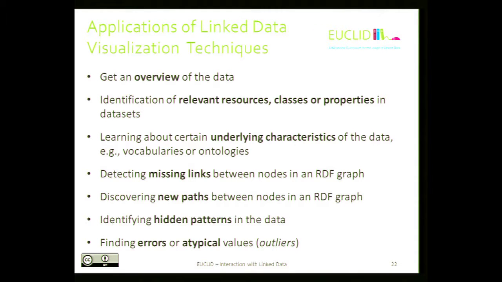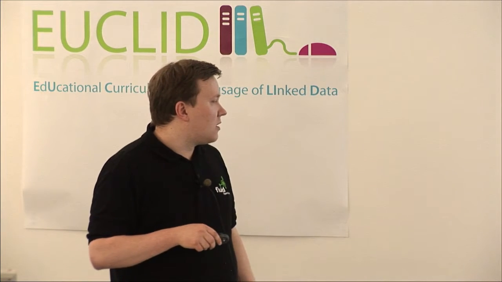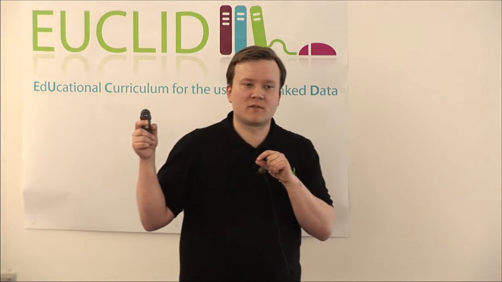Or even, is there something missing, which I could, for example, easily see in a graph representation of the data. Given, for example, certain entities in my data set, how are they connected to each other?